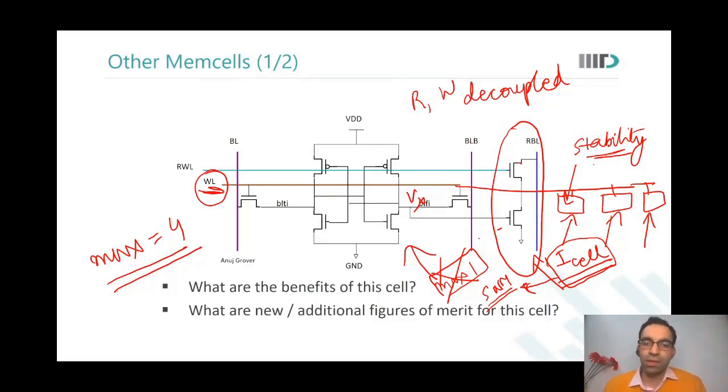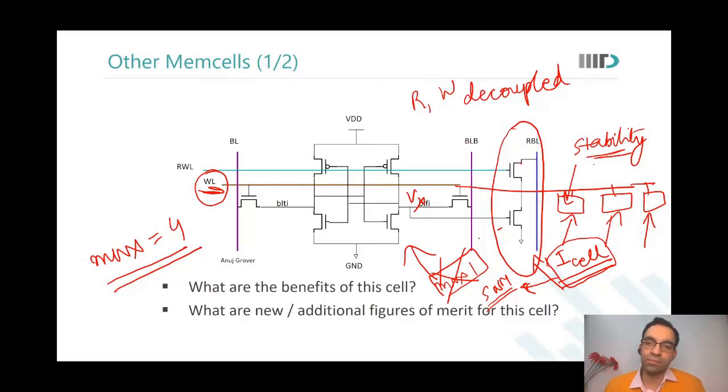When we were designing the similar stack on the regular 6T cell, we had to ensure that PG was much lesser than PD. So my PG being lesser, even though I am giving area, my current was limited. Over here, I can have both the pass gate and the pull down large enough. So in the same area, I don't need to have any constraint sizing on the pass gate, and therefore I can have more read current.